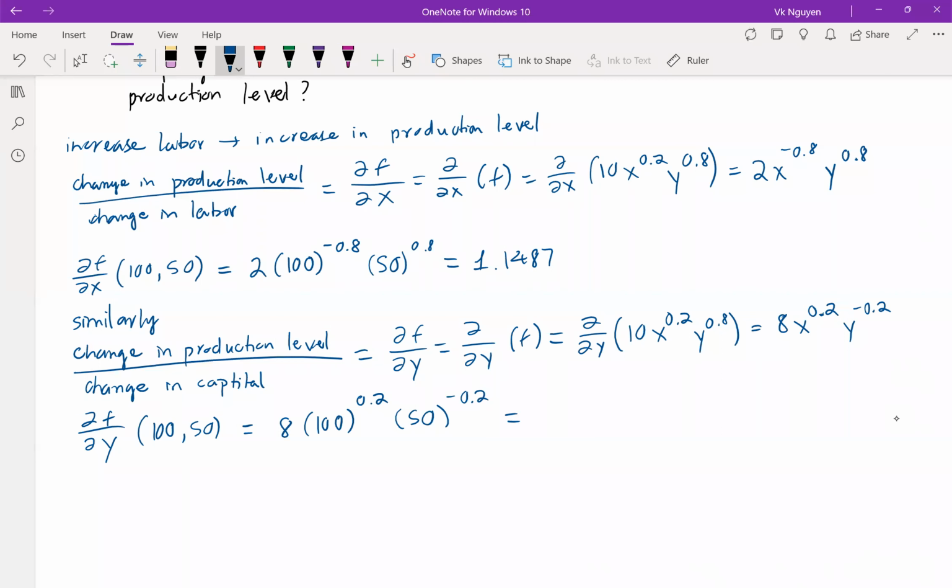And this would give us 9.1896. So based on this, it would be better to increase the capital than labor.